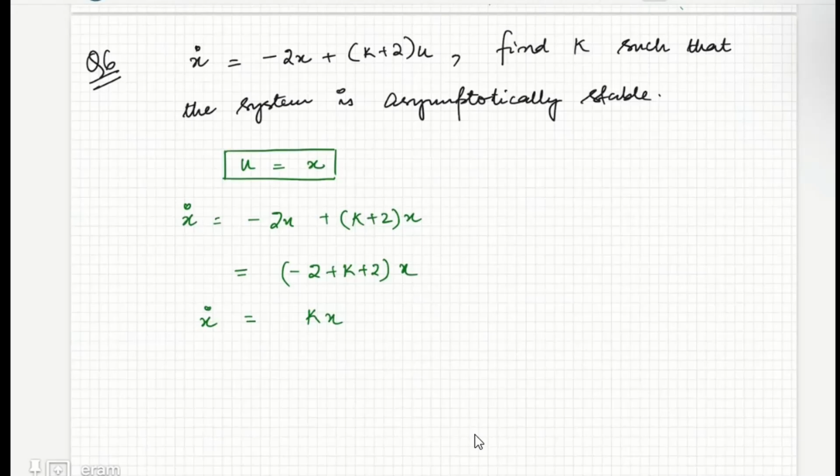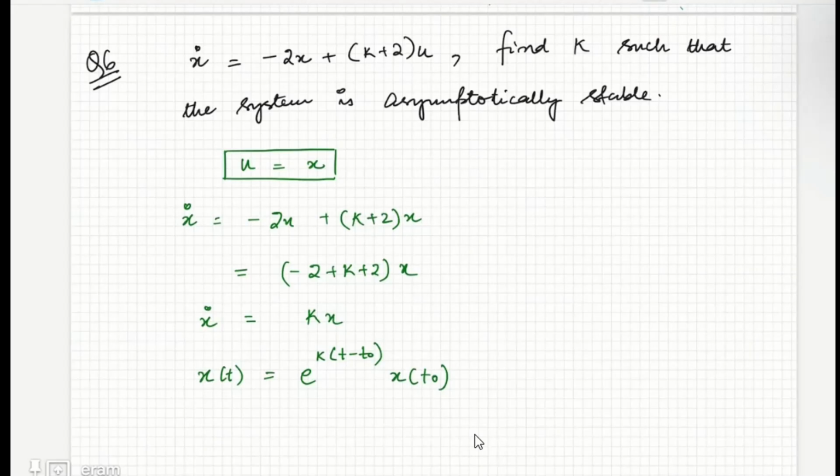So now for the system to be asymptotically stable, what should be k? We know that the solution for this system is given as e to the power k(t minus t naught) times x(t naught), because this is a linear autonomous system.